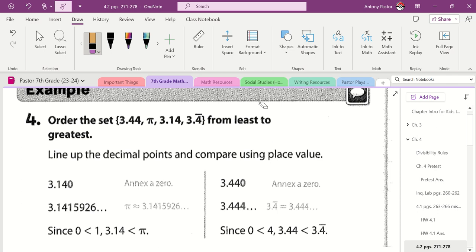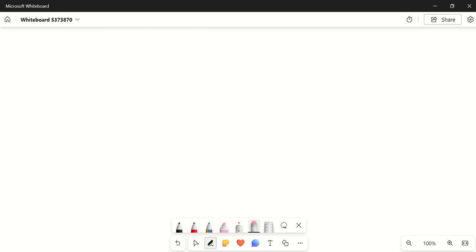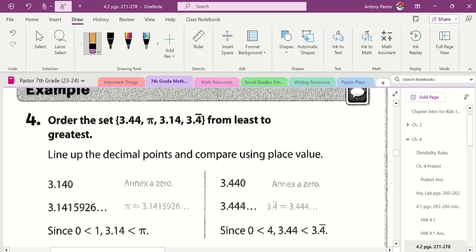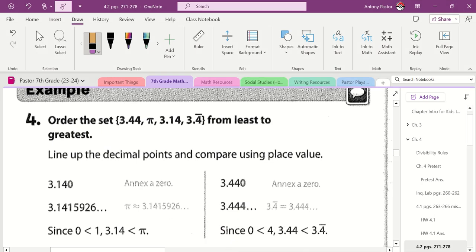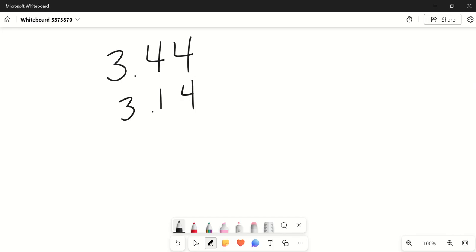So, we have 3.44. We have pi, which is 3.1415. So we're going to put 3.14, and I'm actually going to put the rest of it here. So it's 159. We'll just write 15926.